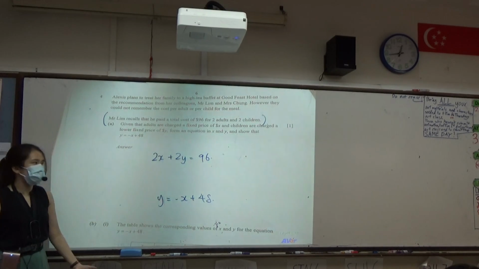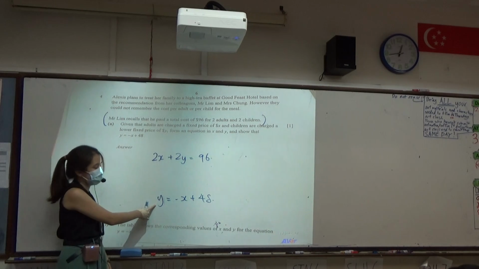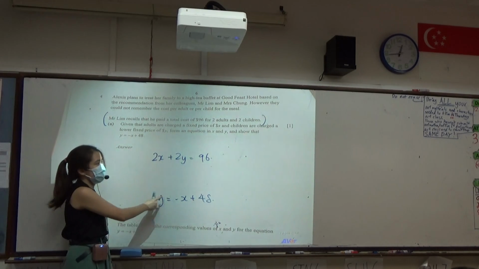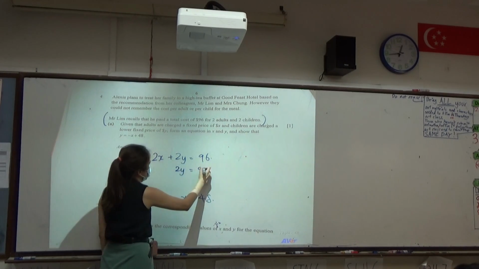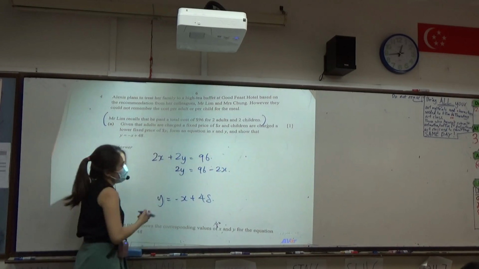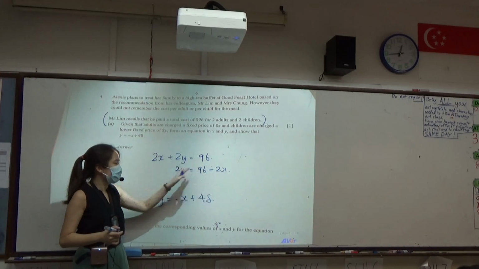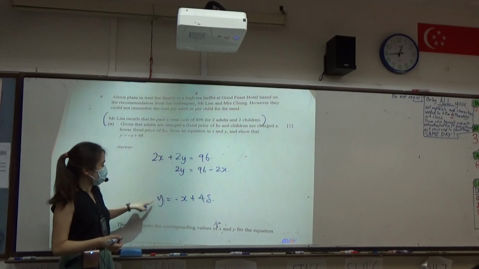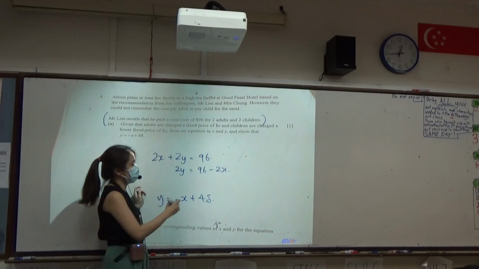In order to do that, since I see that I have Y on the left hand side of the equal sign only, I need to shift my 2X over to the right. So this is one way that you can shift the 2X over to the right. Then after that, I want single Y, 1Y only. Now here 2Y, so I need to divide by 2.